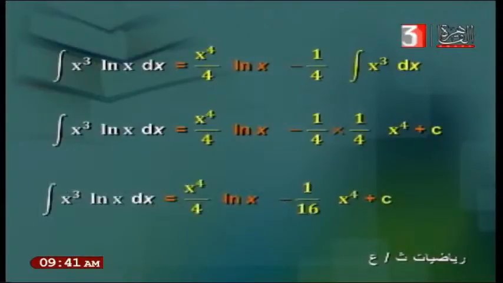The first term x^4 over 4 ln x is the integrated part, and negative quarter times integration of x^3 dx equals a quarter x^4 plus c. Then the integration equals x^4 over 4 ln x minus 1 over 16 x^4 plus the constant c.